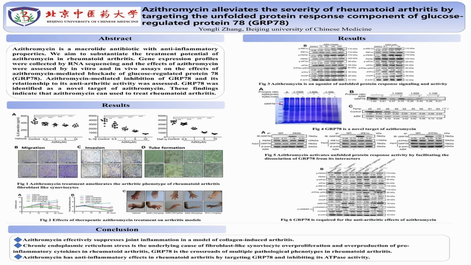Since the ATPase domain of GRP7H is required for its activity upon binding with ATP, azithromycin might compete with ATP for binding with GRP7H, as expected. The enzymatic activity of GRP7H was competitively inhibited by azithromycin in the presence of ATP.